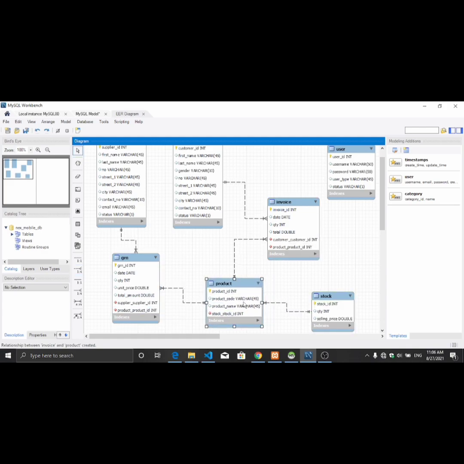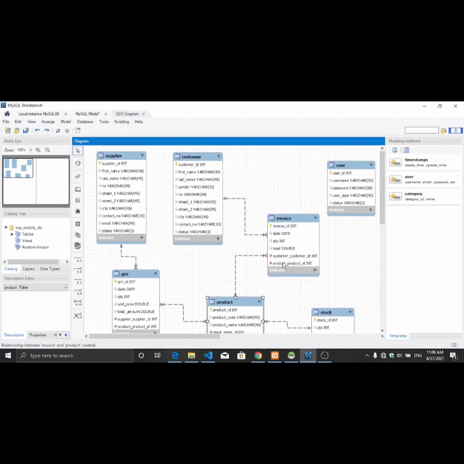On the product side, one product can have many invoices, and one invoice can have only one product, so it's also a one-to-many relationship.